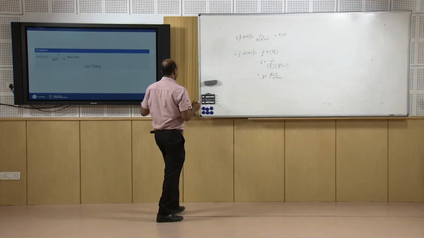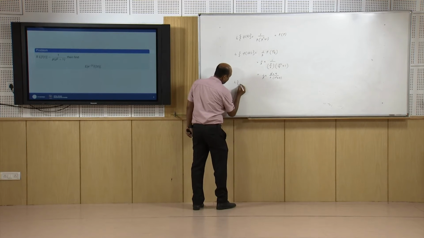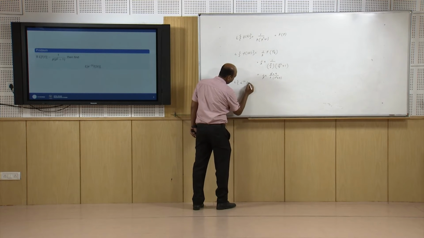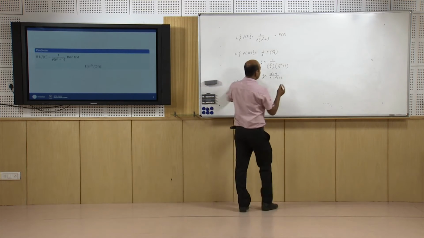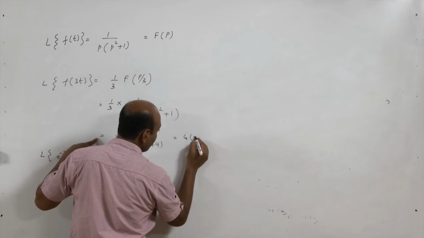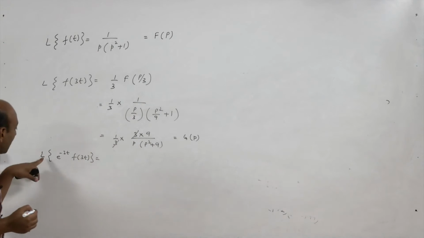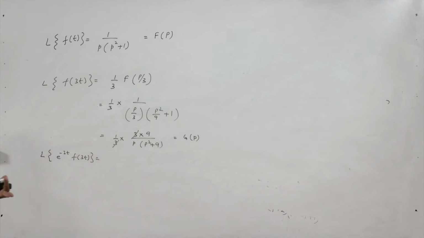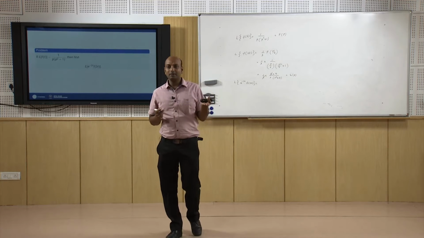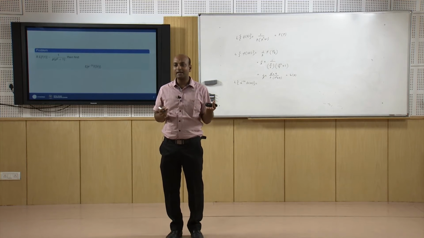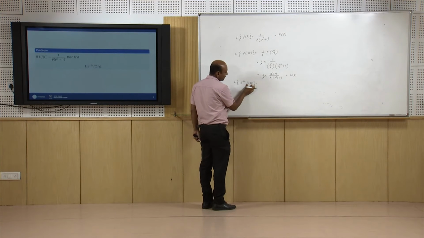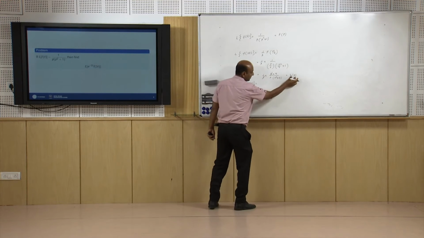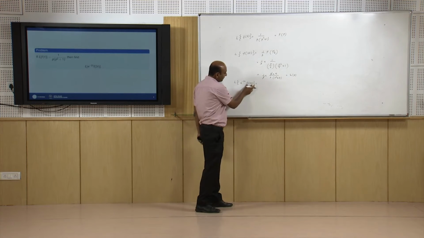Now, what is Laplace of e to the power minus 2t f(3t)? Suppose this is some function G(p). So, Laplace of e to the power at times some f(t) will be nothing but, by the shifting property, F of p minus a. Here the Laplace of this function is G(p). So, we have to apply the shifting property for this function.